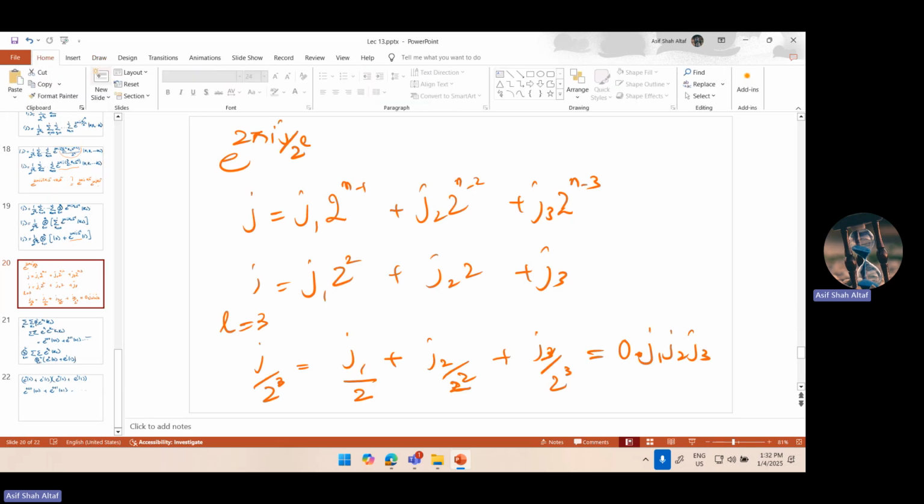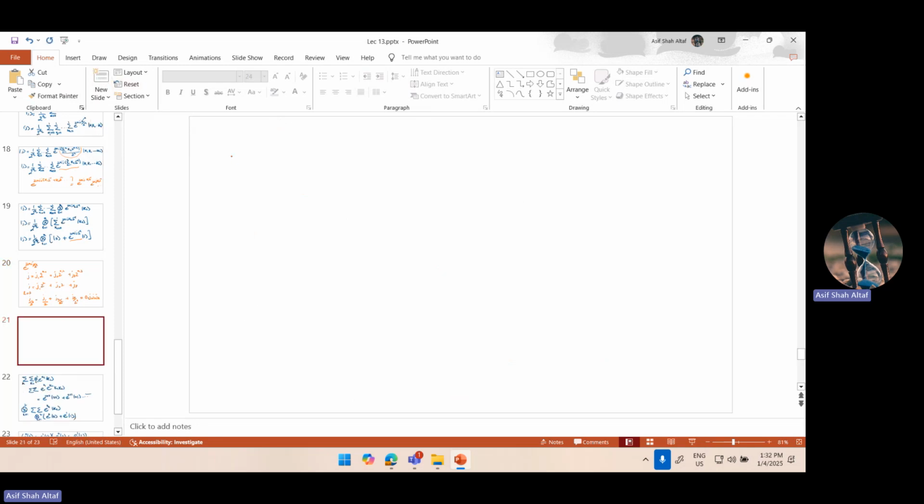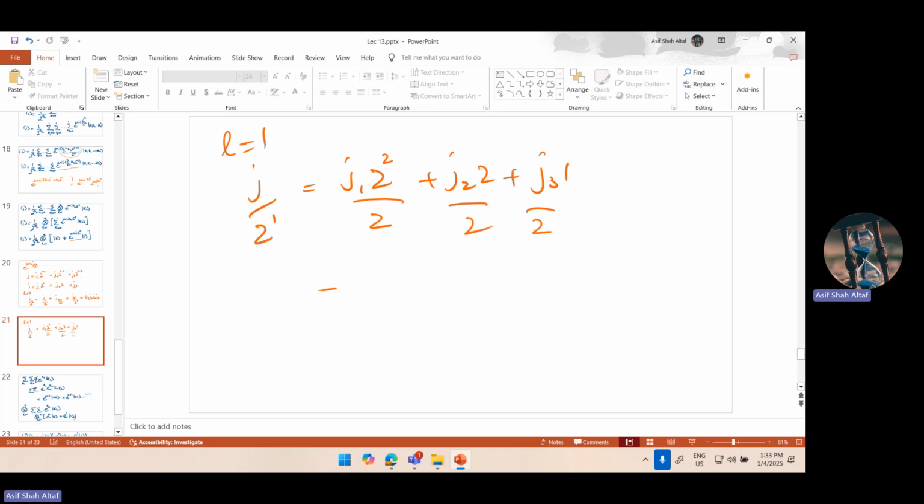So moving on, now if you have L equal to 1, say suppose, then you will have J1 2 square, J2 2, J3 1, and you are dividing it by 2, which gives you J1 2, J2 plus J3 by 2.